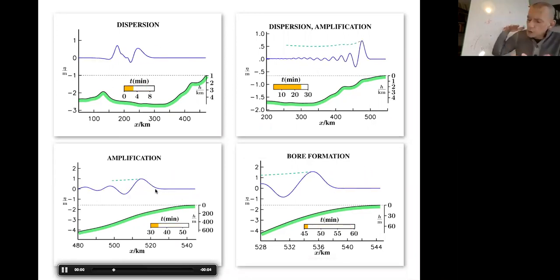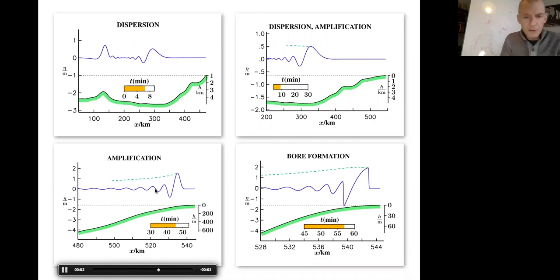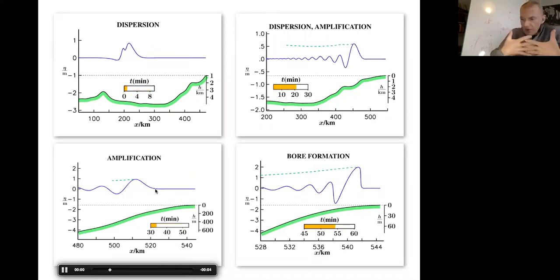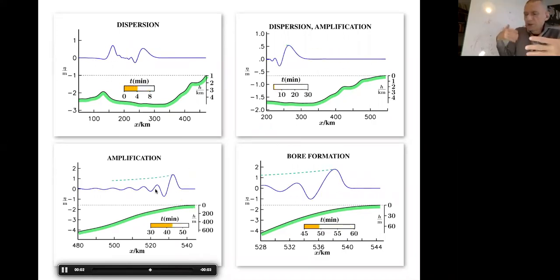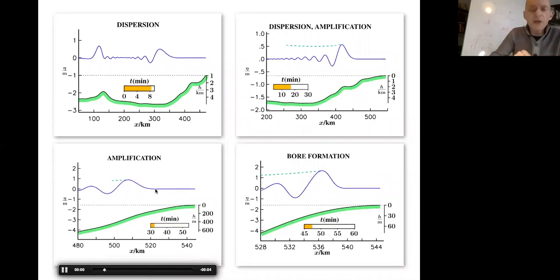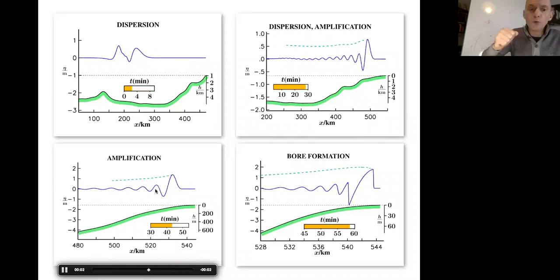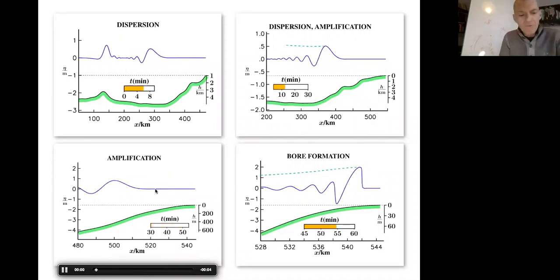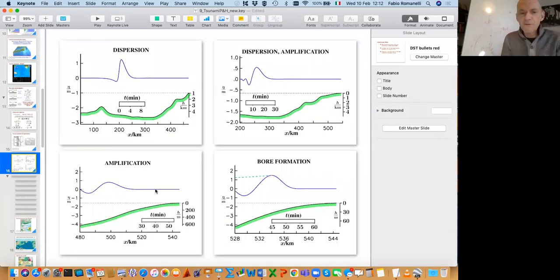Since you're getting to slower media, the wave field at the beginning is going to stop, but on the back, something else is arriving. So this is called shoaling. There is another consequence of the fluid getting thinner, and that's very familiar to all of us.